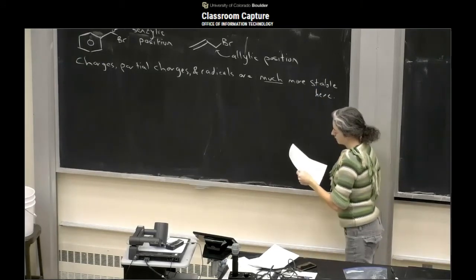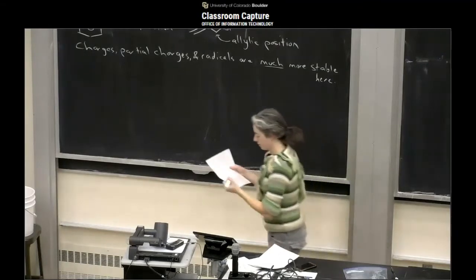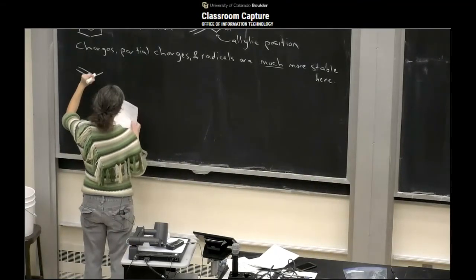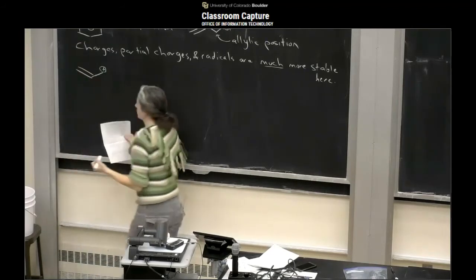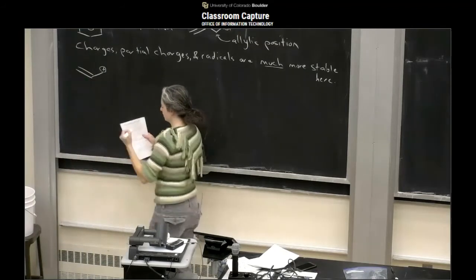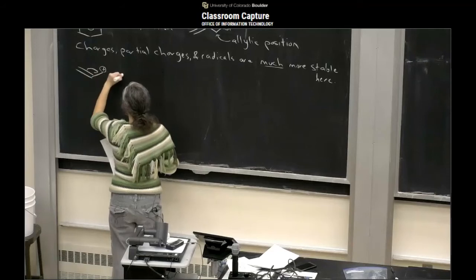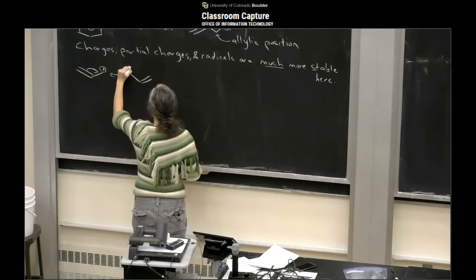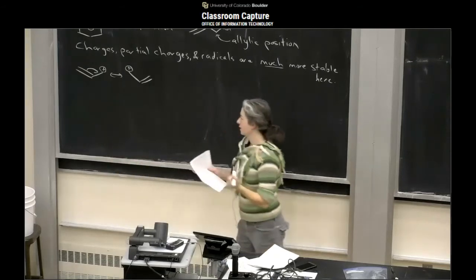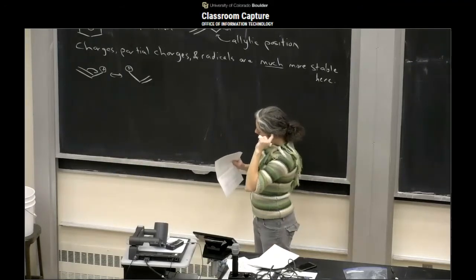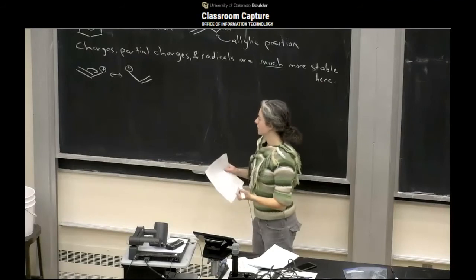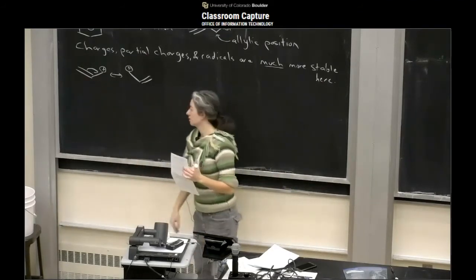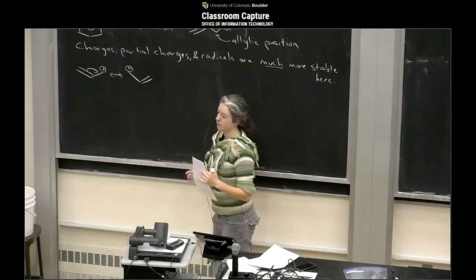Okay, so just as a quick review of allylic resonance forms, if you do, say, a positive charge here, you can hop that over, get a positive charge there instead. So always keep an eye out for that 3-atom cluster, where 2 atoms have the double bond, 1 atom has a charge or radical or whatever, and then you can flip which end is which and do resonance that way.